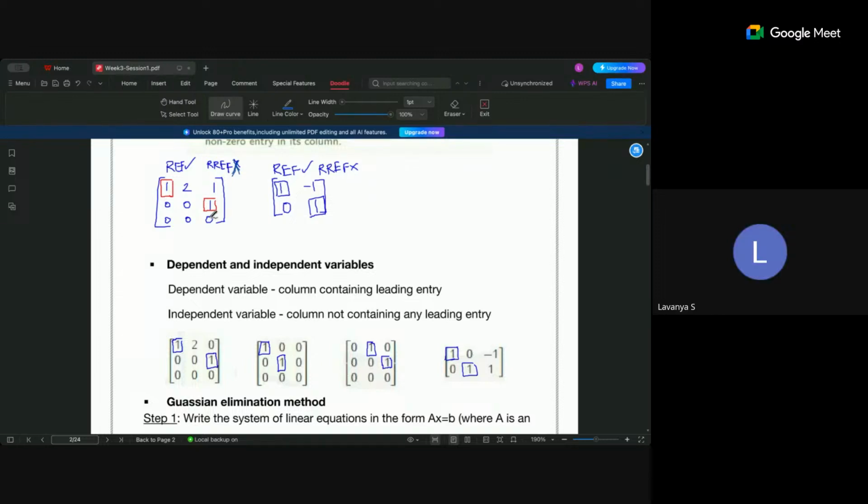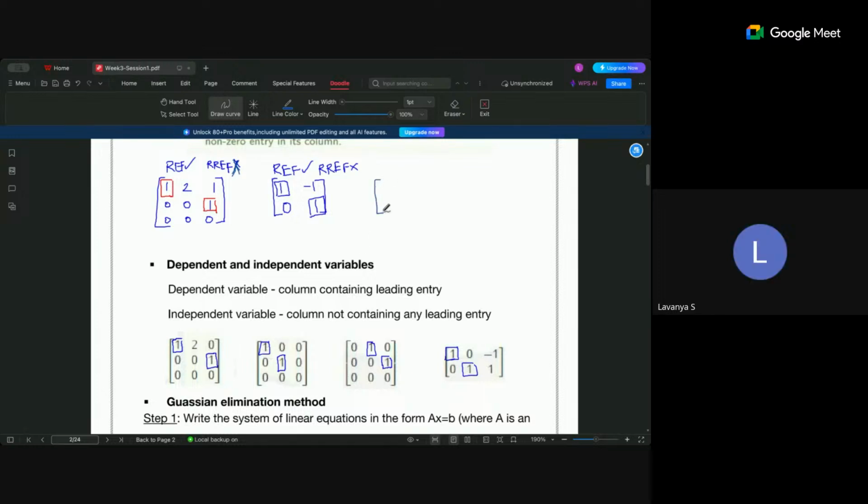Ma'am, can we say RREF matrices are always scalar matrices? No, for example, here you see this matrix. Is this a scalar matrix? No. Okay.